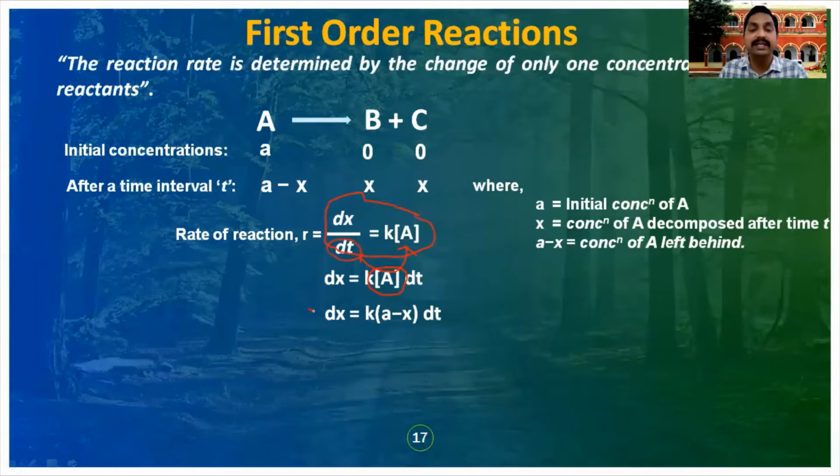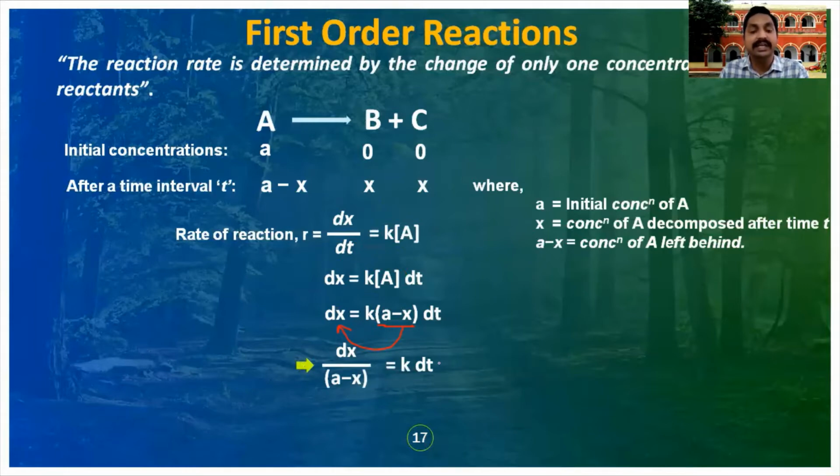Therefore dx is equal to small k into a minus x dt. Now bring this a minus x term to the left hand side so that all the concentration terms will be on one side. So dx by a minus x is equal to k into dt.